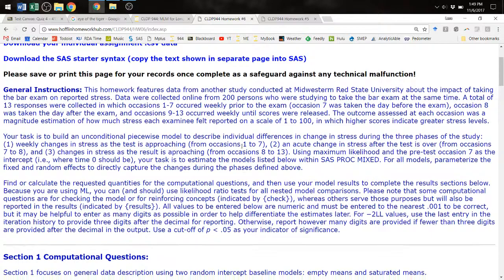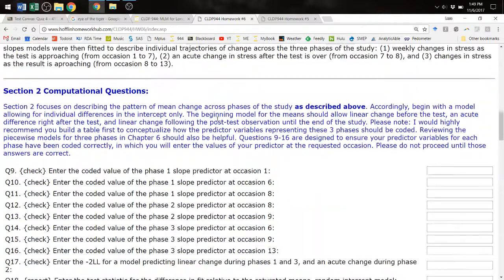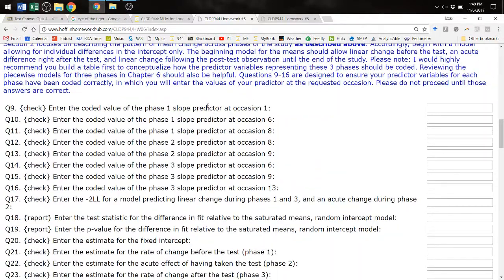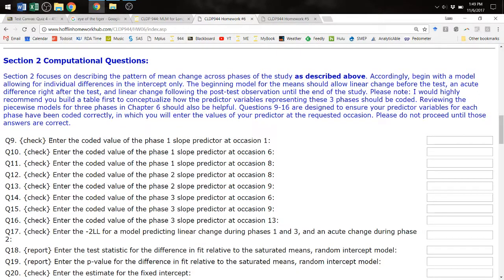So that's what the story is for this one. It's a piecewise model. You get to use maximum likelihood so that everything is some kind of likelihood ratio test. So I'm trying to make it easier on you since I want you to focus on the pieces. One thing, just to make sure that it's clear what I'm asking for in section 2, I'm asking for the values of the piecewise coding just to make sure that you set up your piecewise slopes correctly.